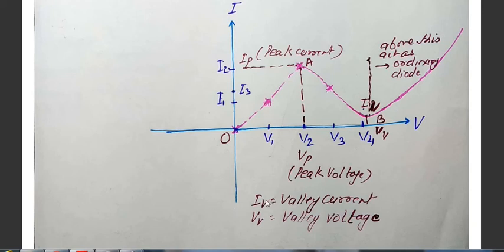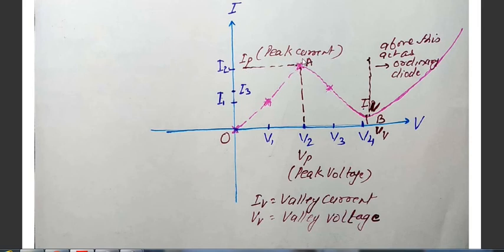So there are two main points here. One is IV, the valley current. This valley current is the current which is flowing across the tunnel diode at a voltage V4. And corresponding to V2 voltage, because of maximum overlapping, we have maximum current, and this current is termed as the peak current.